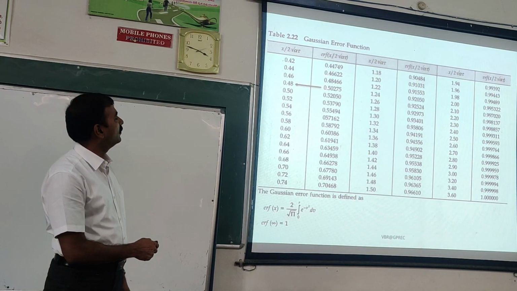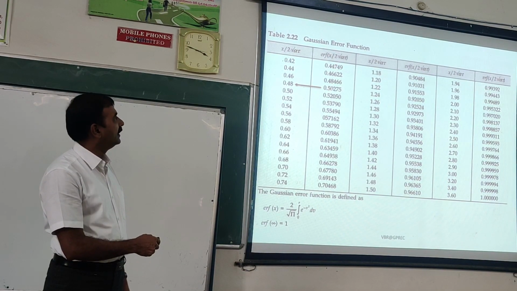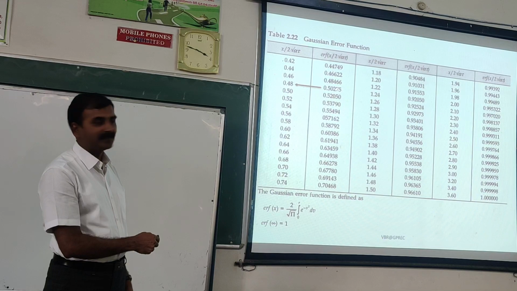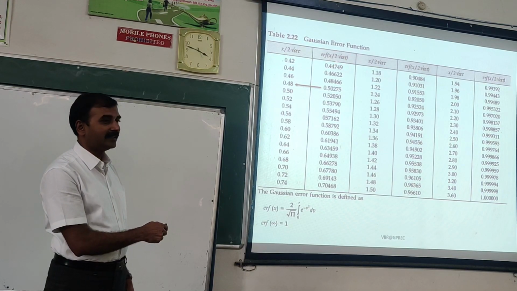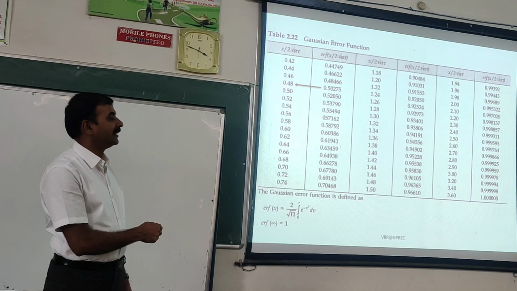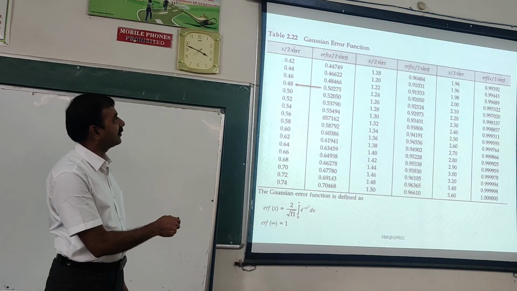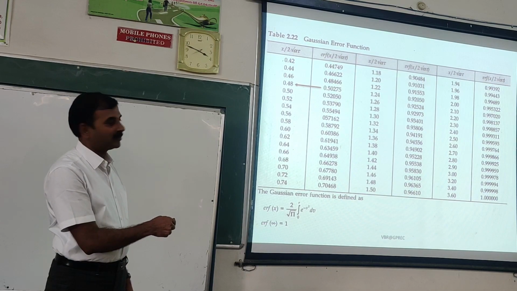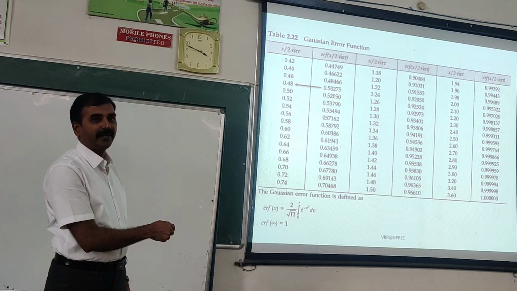See now, the error function of this variable in our problem is 0.5. This is equal to 0.5. Isn't it? Then what is this value? The value of this parameter inside the brackets? If x value is 0.48, error function of x is 0.5 approximately; I am assuming this entire term as x.